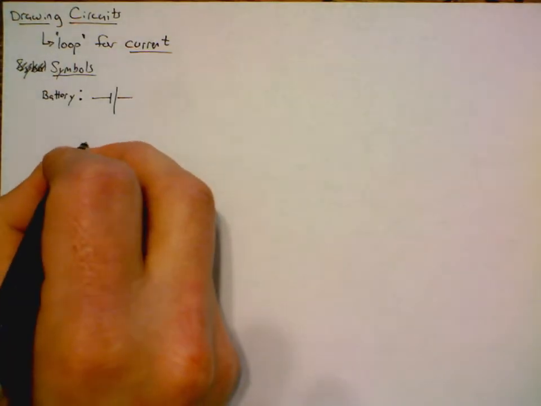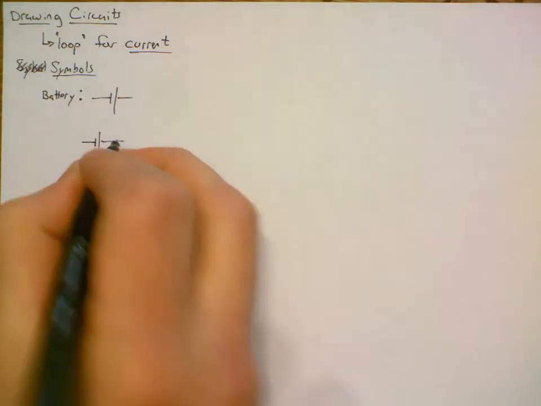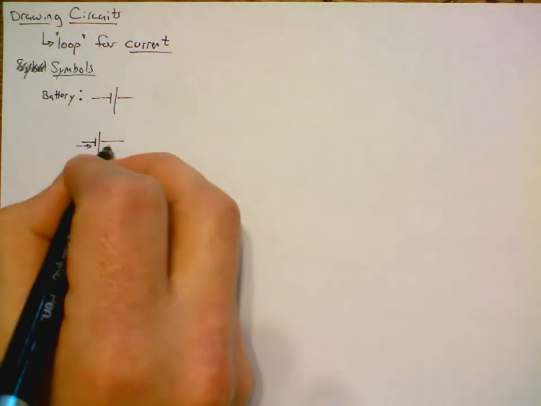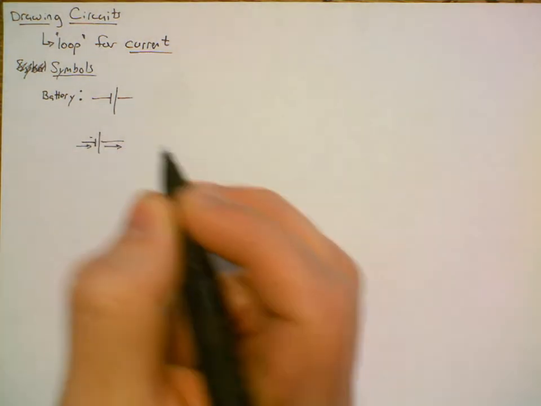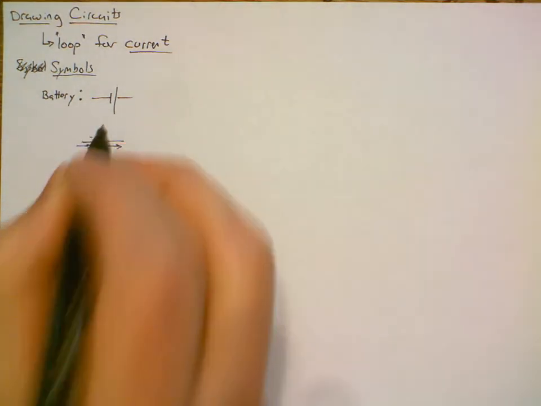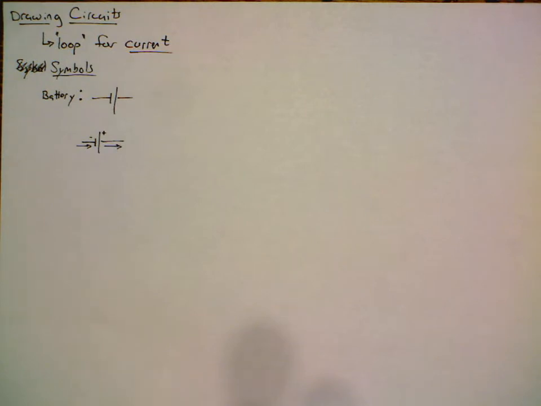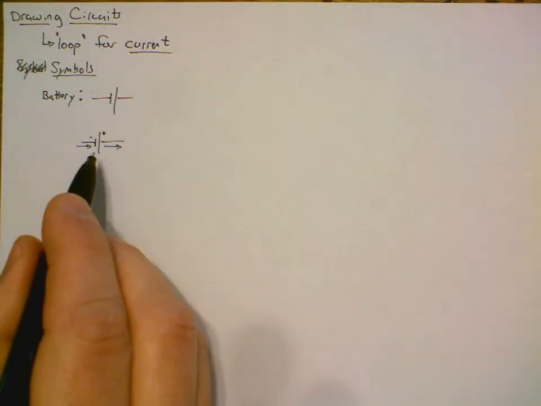Now, this has meaning, and there's reasons behind this. You have a wire coming in, you have a wire for current going out, you have this small one is the negative side of the battery, the big one is the positive side of the battery. Go get a AA battery, look at it. One side's labeled positive, one side's labeled negative. That's why. Current comes in one side and goes out the other.